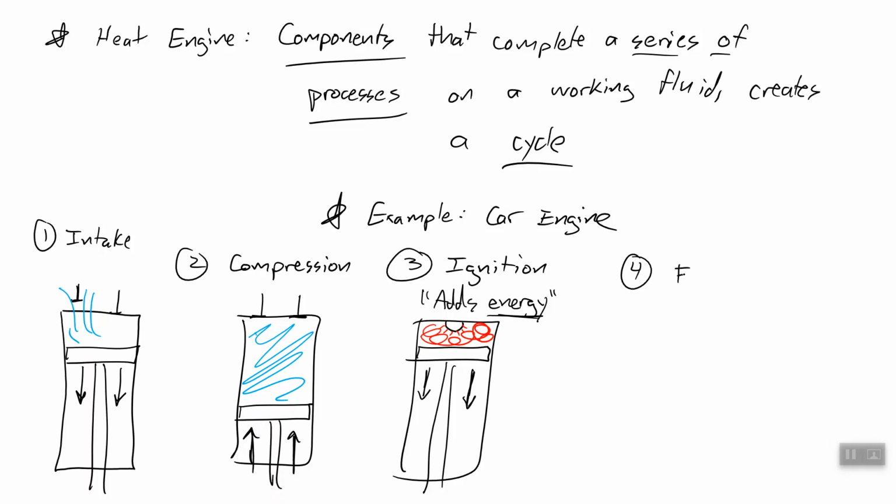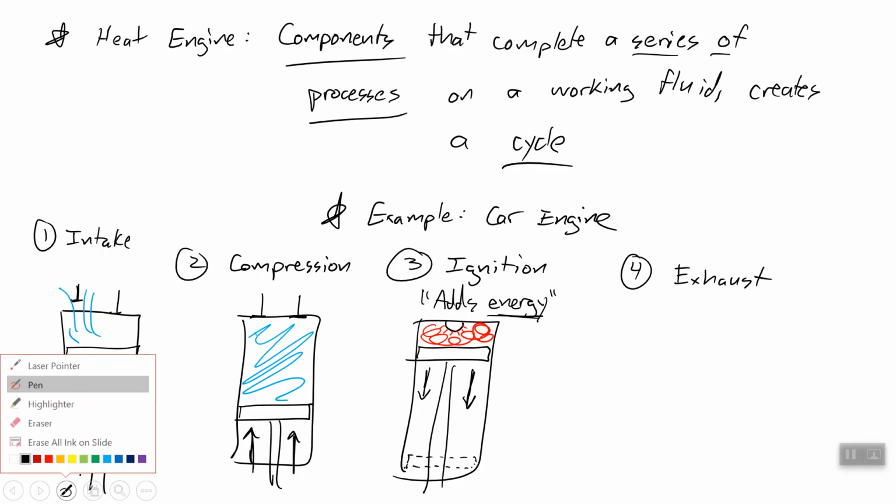Okay, however, we can only expand our piston so far. It can only go down here to the very bottom. But by the time we get there, we've added so much energy that our air will still be hot and we'll still have some pressure, right? But there's nothing we can do with that. We could try to expand it forever, but that would take so long.